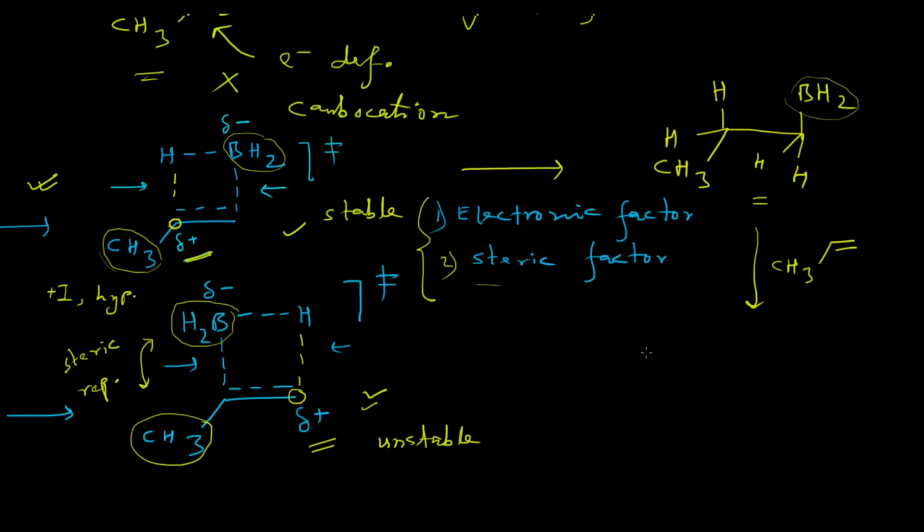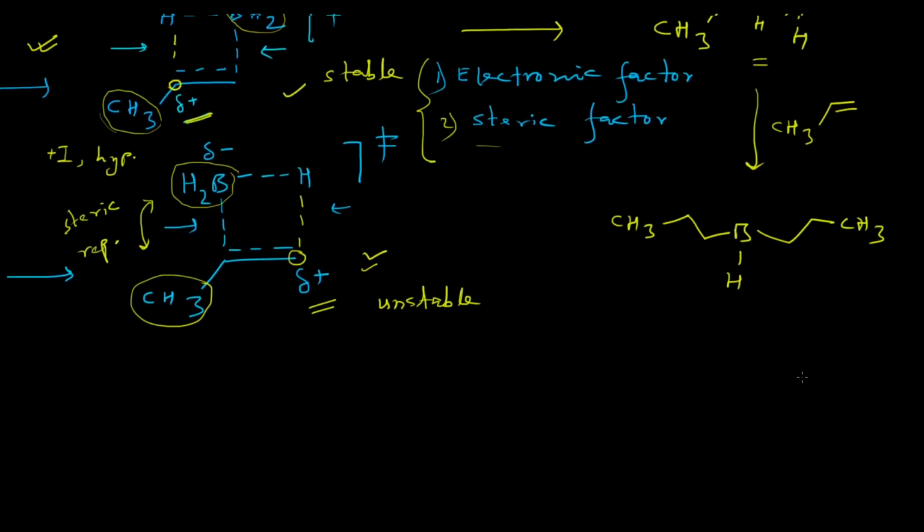This will react with this alkene and the product will be this one. And the last BH bond will again be replaced by another alkene molecule, which will result in the formation of a trialkyl boron. Now the reaction is complete. The hydroboration step is complete.